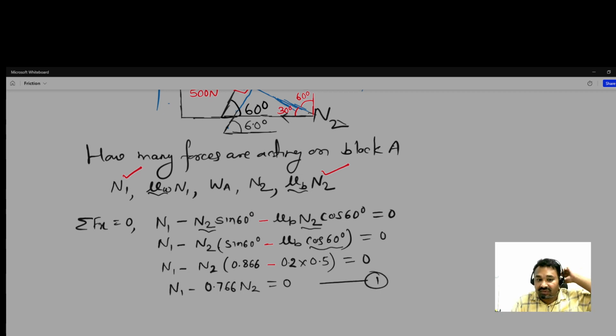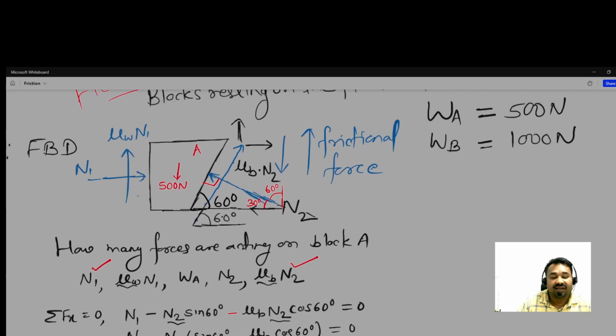Okay, and what about if we satisfy the equilibrium condition in the y direction? Let us do it here, so that we can take the reference of the figure.